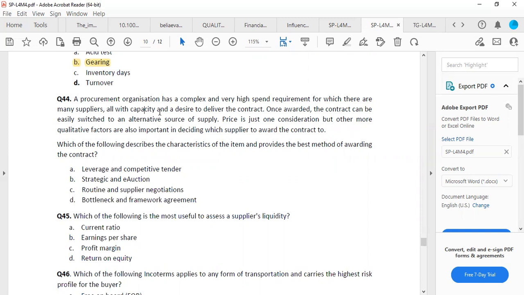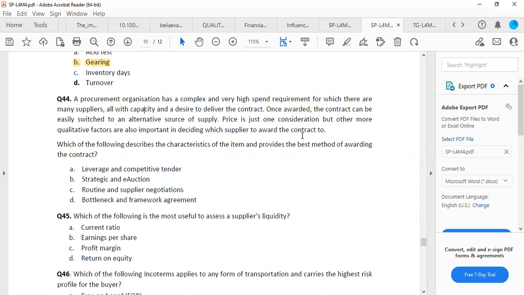A procurement organization has a complex and very high spend requirement for which there are many suppliers, all with capacity and a desire to deliver the contract. Once awarded, the contract can be easily switched to an alternative source of supply.